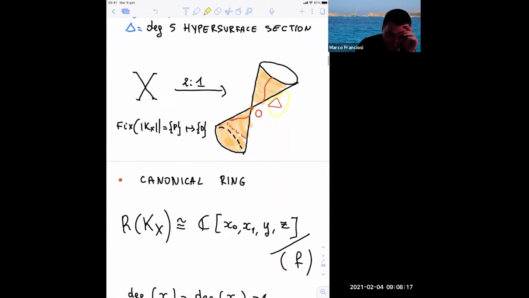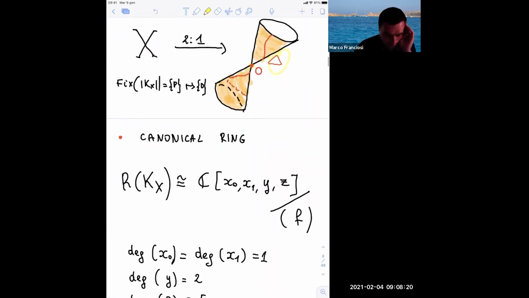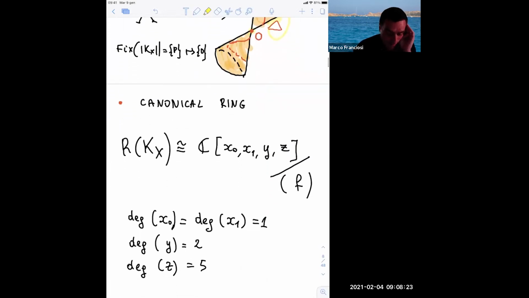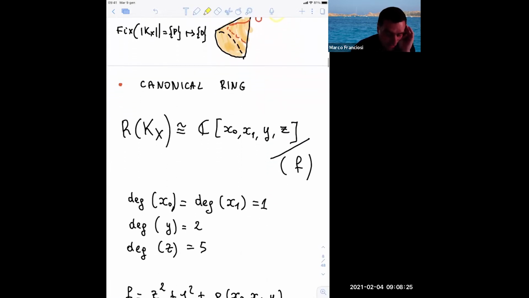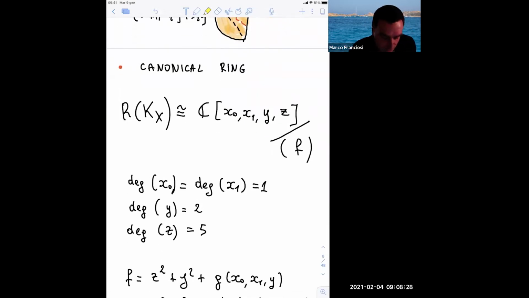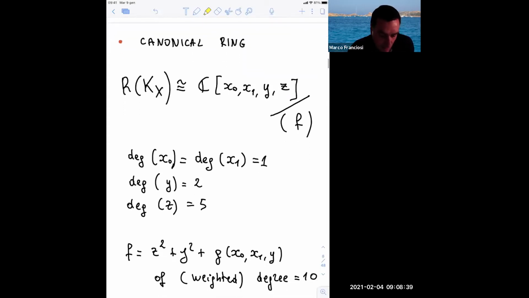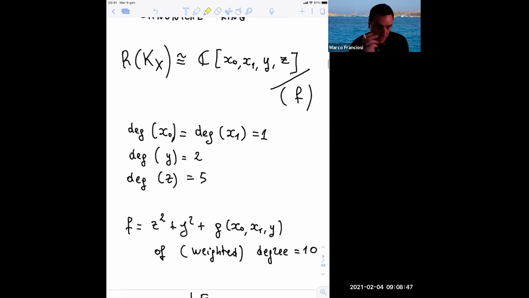And in this case, the canonical ring is easy to describe. The canonical ring of this surface may be described as follows. We consider x0, x1 of degree 1, y of degree 2, and z of degree 5. Then the canonical ring is isomorphic to the ring C[x0, x1, y, z] modulo f, where f is a weighted degree 10 polynomial, which may be written in this way.